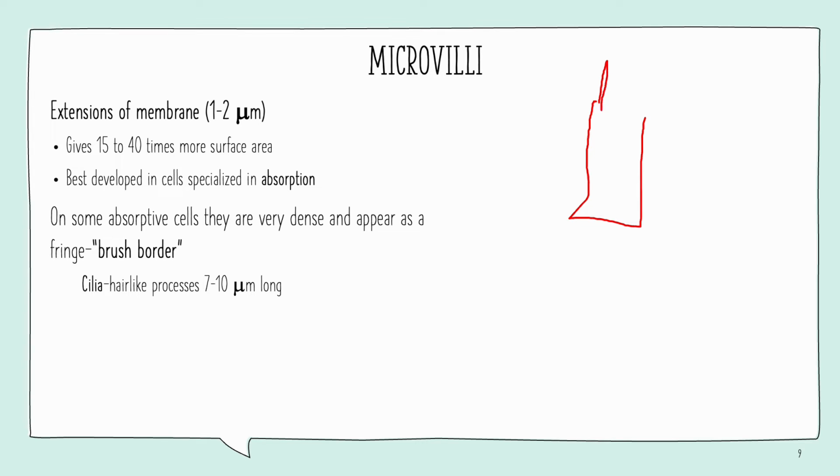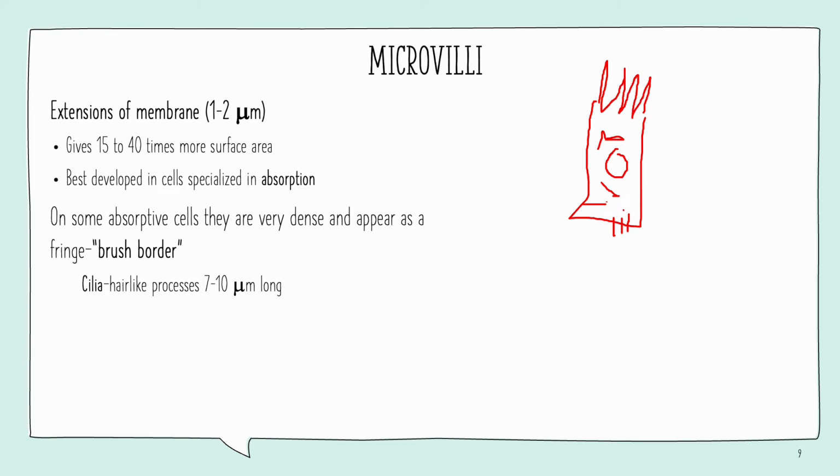Then you had the nucleus, and all the other stuff in there. Remember, you had the mitochondria, the 1, 2, 3, in the corner. These right here, that's the microvilli.